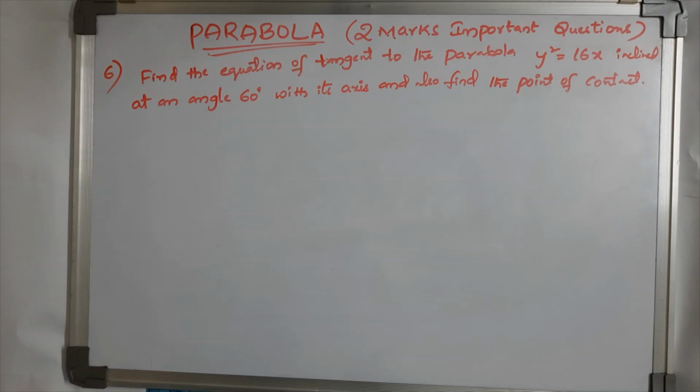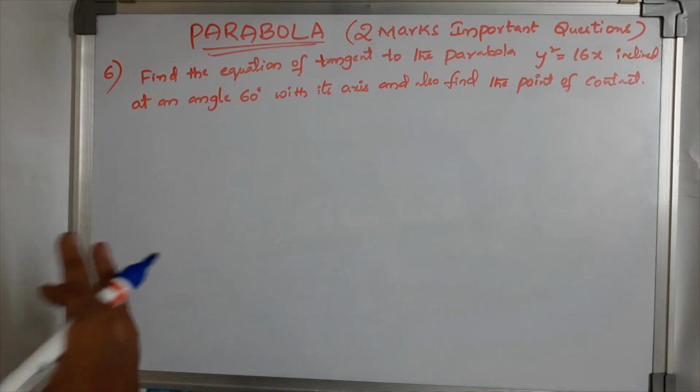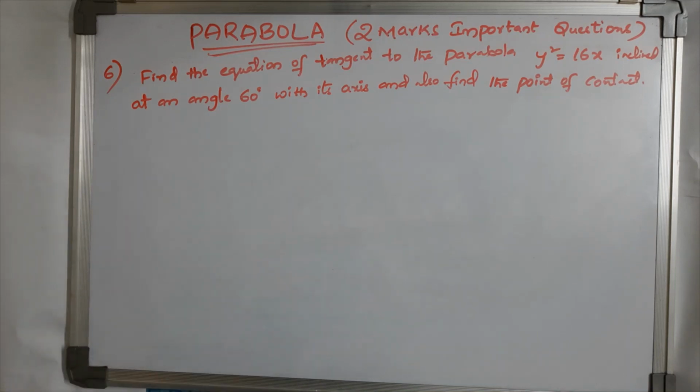Here the angle is given. We don't know the slope and we don't know the intercept, so we have to find the equation of the tangent.